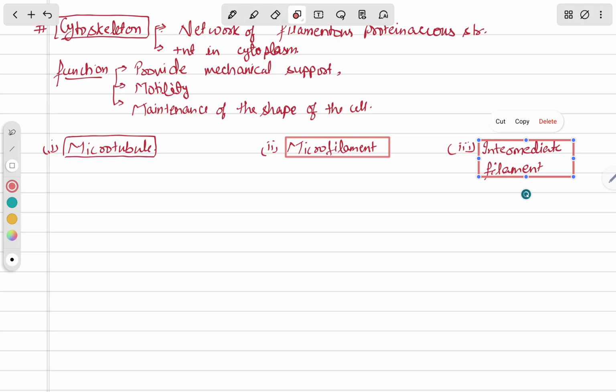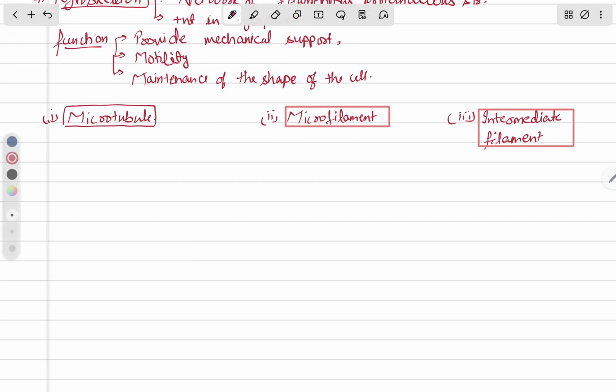So microtubules are composed of tubulin protein. Tubulin proteins are mainly involved in the formation of spindle fibers, right? So this helps in cell division.